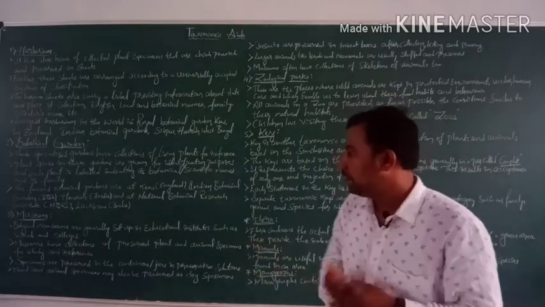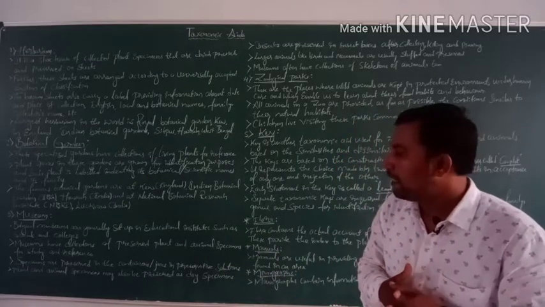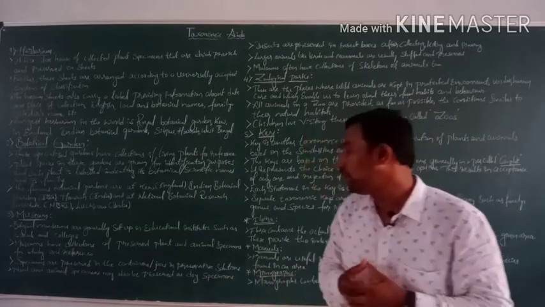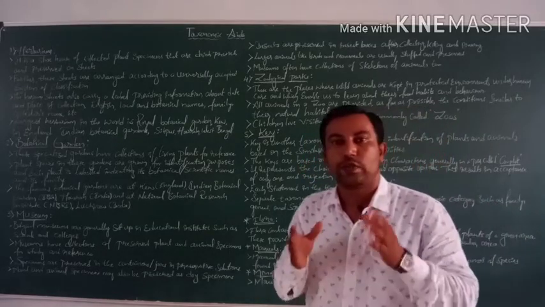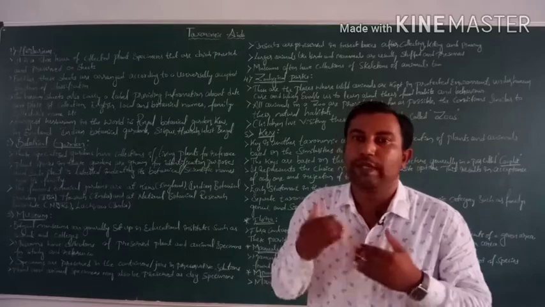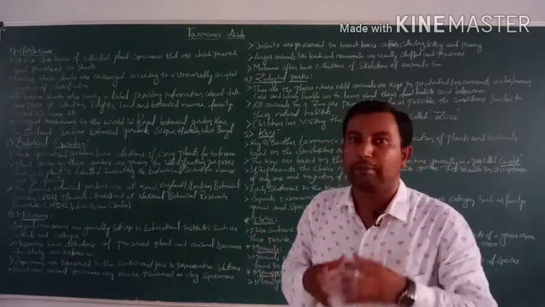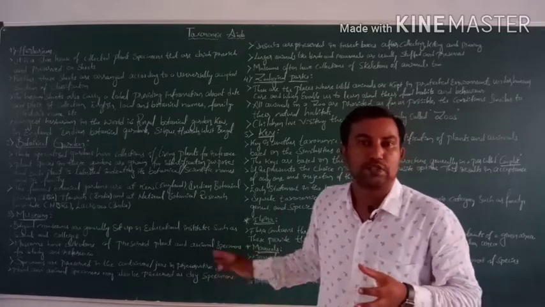Okay, then come to the next point. Plants and animal specimens may also be preserved as dry specimens. Some of the specimens we will treat and keep in big jars with a preservative solution.